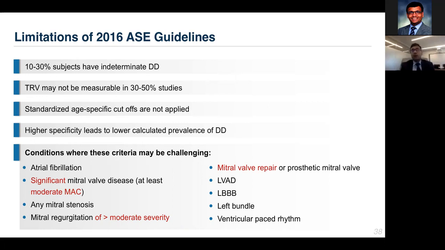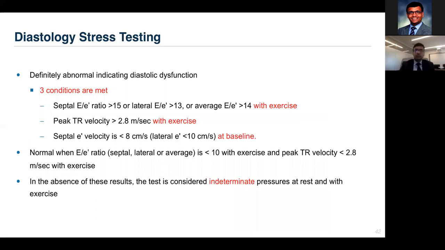And also, diastolic dysfunction may be difficult to define in presence of rhythm abnormalities like left bundle branch block and presence of ventricular paced rhythm, and in patients who have LVADs. So these are certain areas where still there is lack of certainty on how best we can approach the situation.